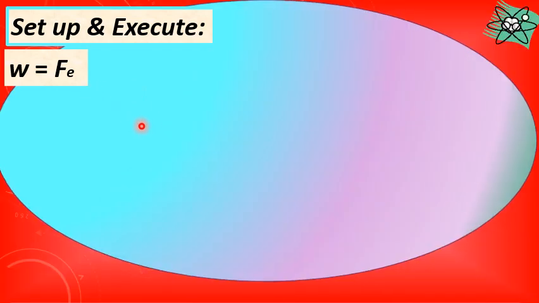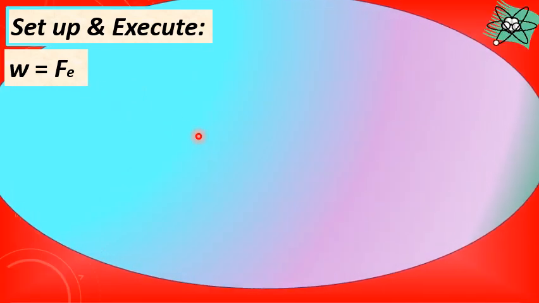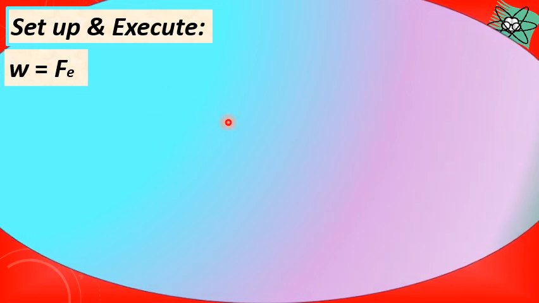That happens when the gravitational force exerted on the fish, in other words its weight, balances the force exerted by the spring. So that is the meaning of this simple equation.